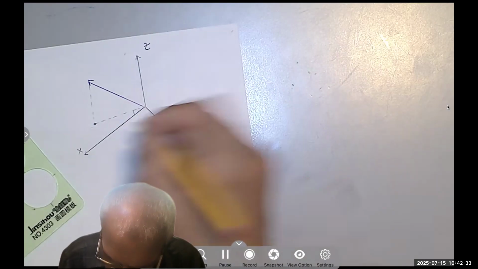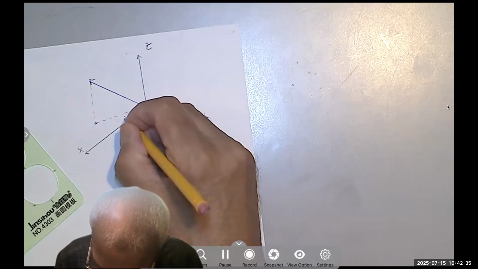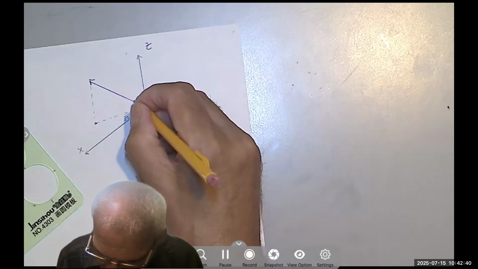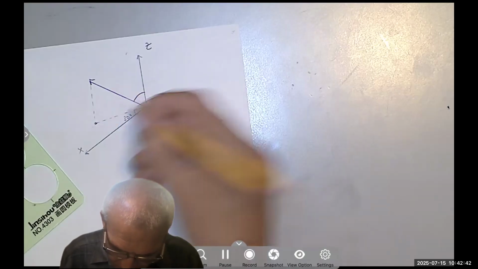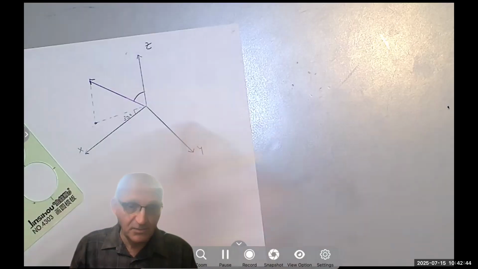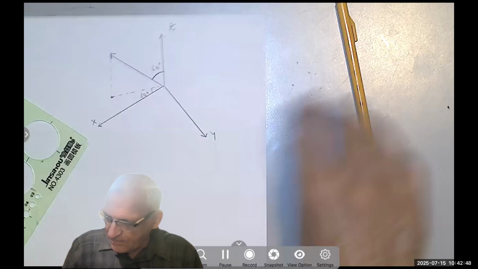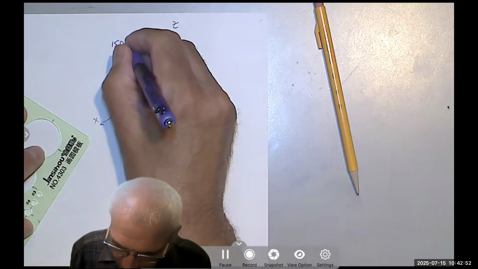Let's give some numbers. Let's say this is 30 degrees. Usually we give you this angle, but I can give you that one. Both of them sum to 90 degrees, right? So let's say this is 60 degrees. And the force magnitude, whatever, is 150 Newton.